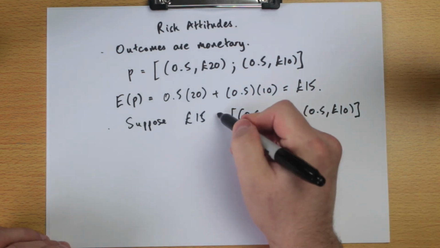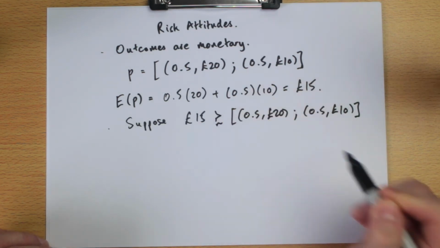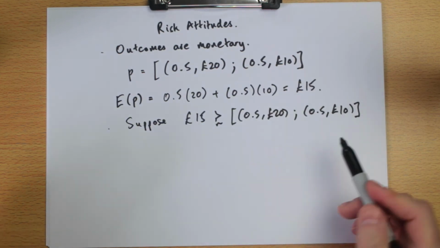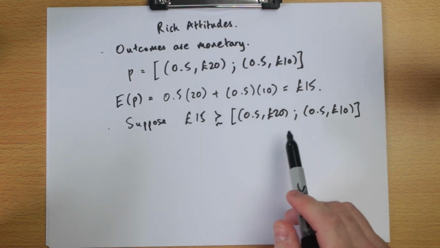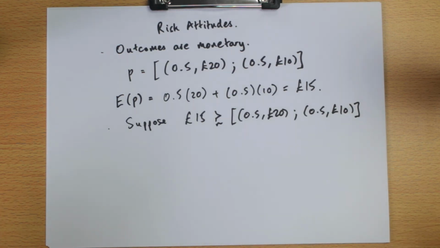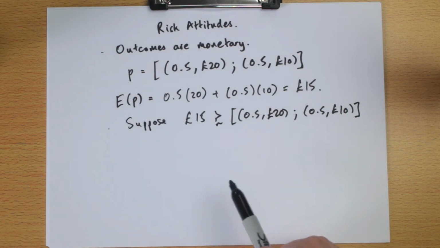Now suppose our decision maker prefers £15 over this lottery. Why would they do that? They have the same expected value. A firm, for example, or an investor should see these basically as the same.